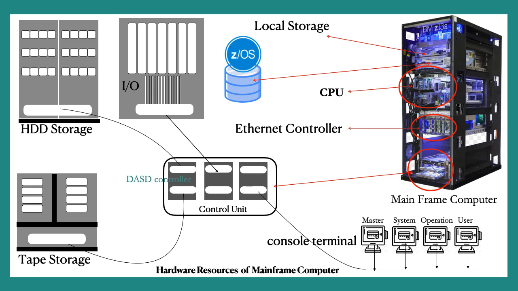On the right side, as you can see, we have two different storage units: the HDD storage, wherein the instructions and the process information are installed and the database also resides, and then for the backup of all the instructions, the tape storage. So these two represent the auxiliary storage of the mainframe.